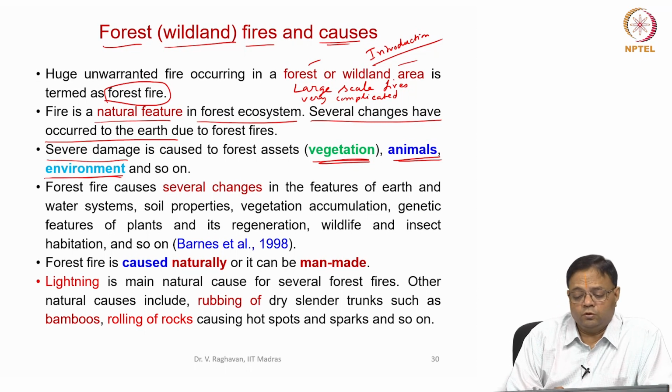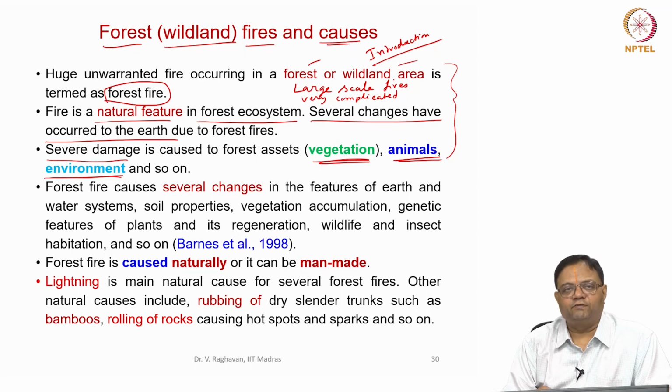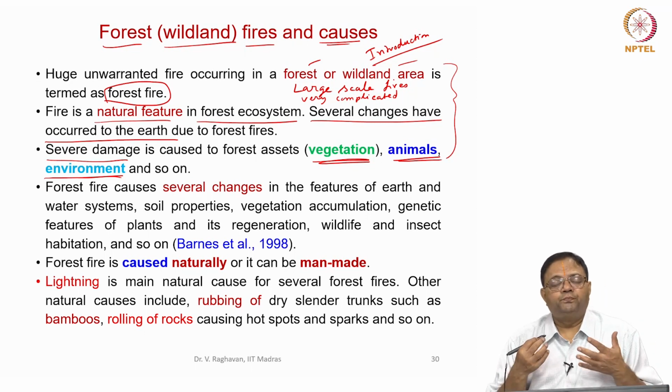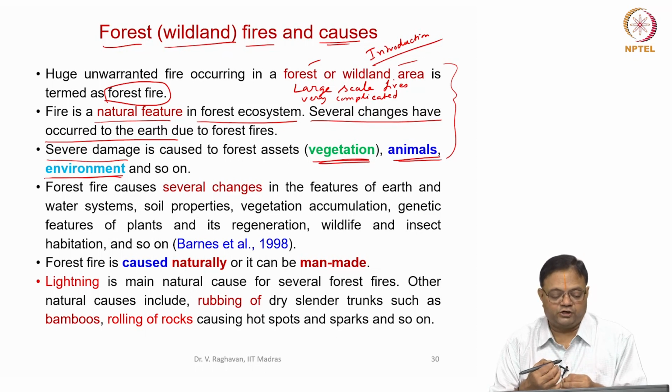But as I told you, this has been a natural feature in a forest ecosystem. So, in several countries, this forest fire has been occurring, and there is no way to predict this, but there are several research works on how to extinguish this fire as soon as possible once it is onset. So research is going on in that direction.